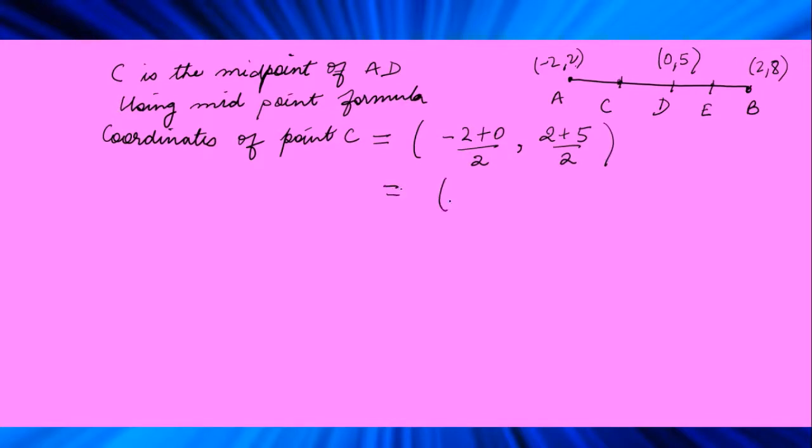So it will be -2 upon 2 and 7 upon 2, or you can say -1 and 7 by 2. Okay, so you got point C also.